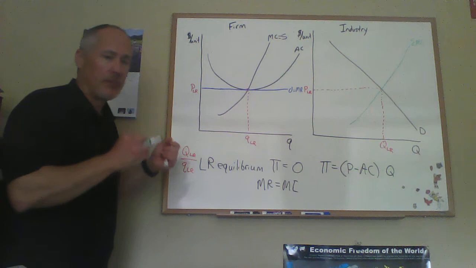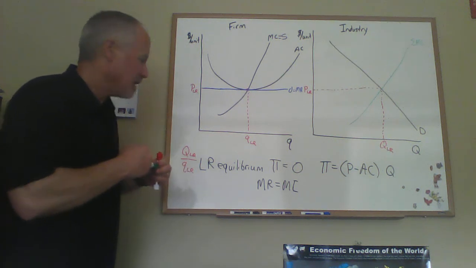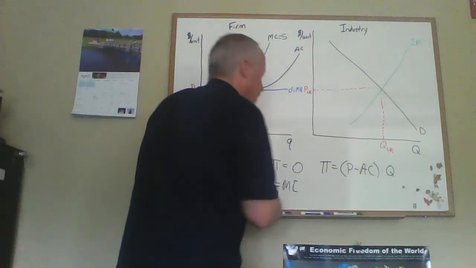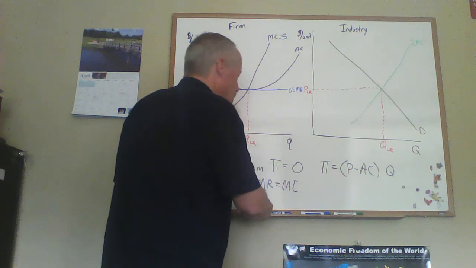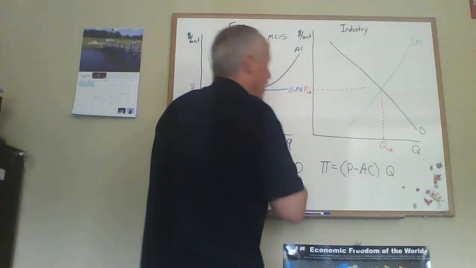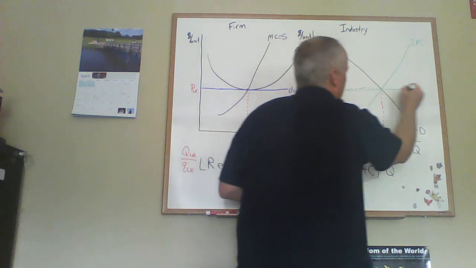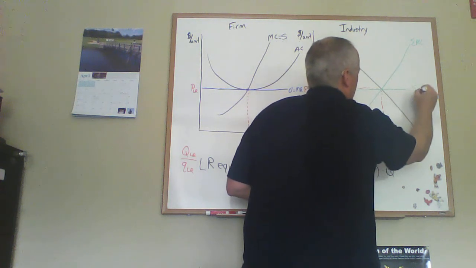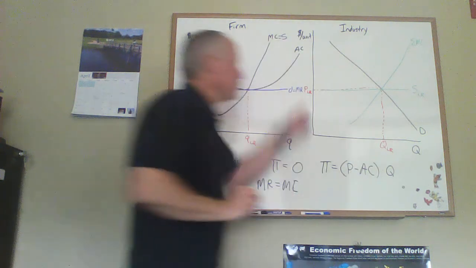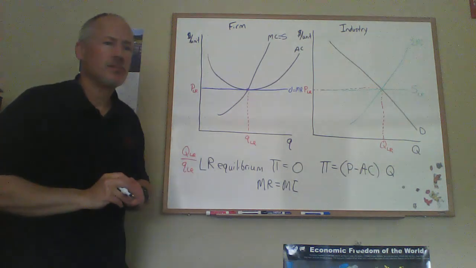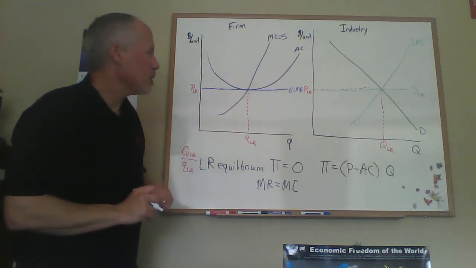It could vary. So it makes sense that we should draw the long run supply curve to be horizontal. And so that's what we have here.